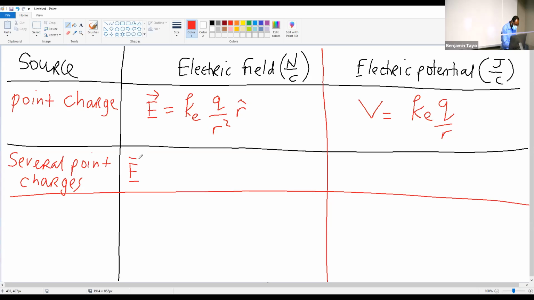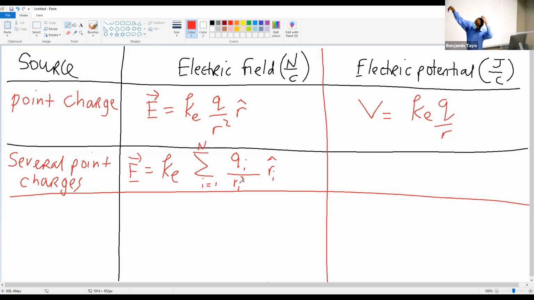I think you should remember this: KE, the sum over i, for example, from 1 to n, Qi divided by Ri squared, and then multiplied by the unit vector.